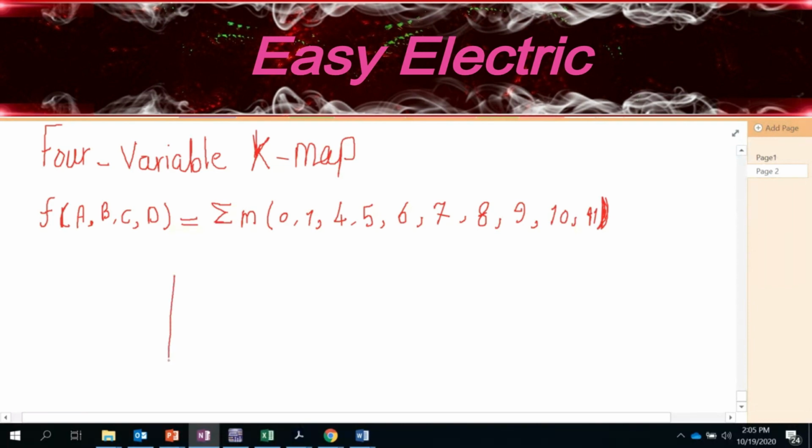So usually we draw the K-map for a function with 4 variables in this way. So definitely you expect to see 16. So you actually have something like this.